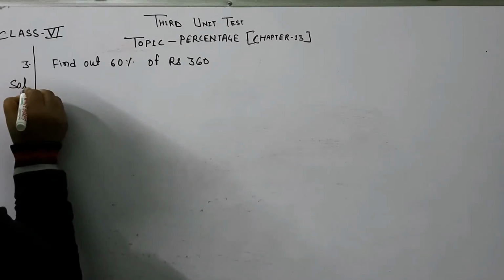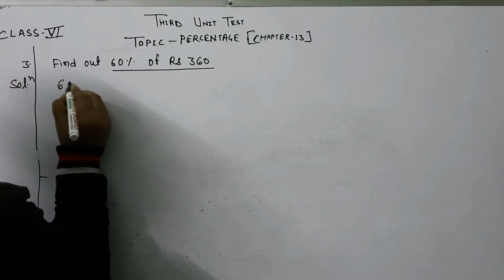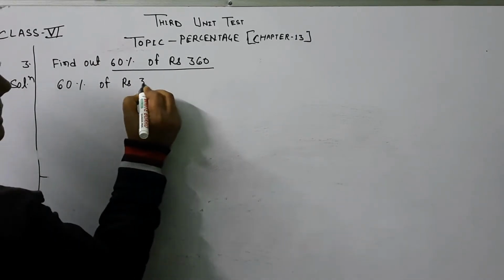So what we have to do? First you write what is given here. What is given there? 60% of rupees 360.